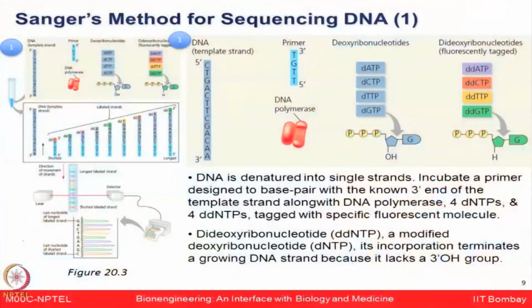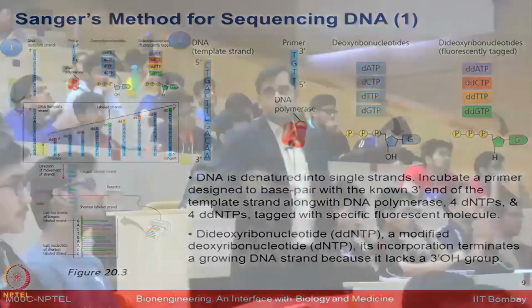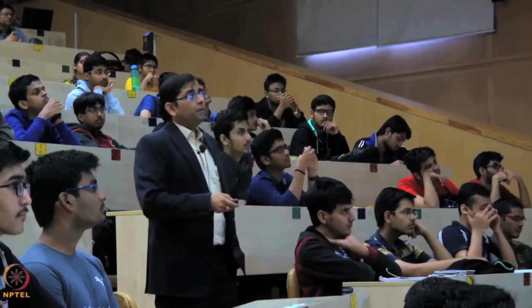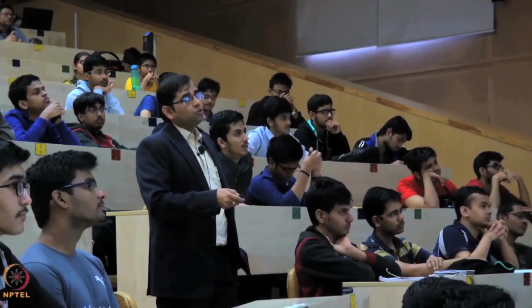Now in addition to these deoxyribonucleotides, for sequencing they added one more reagent, which is dideoxyribonucleotide, which is different. I'll tell you why they did that. But before that, let's look at the structure of these two.